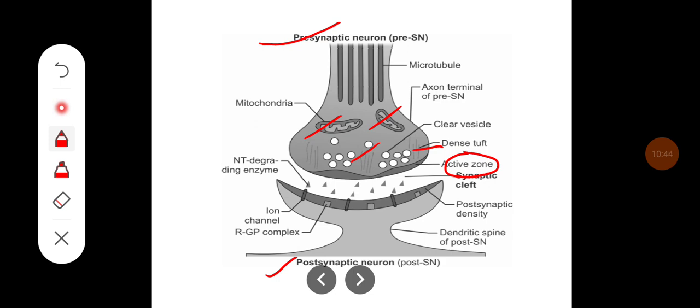In the postsynaptic membrane, you can see the postsynaptic density, and you can see the ion channels and the receptor complex. And the middle zone is called the synaptic cleft, that is the space between the presynaptic neuron and the postsynaptic neuron, where the neurotransmitters are released.